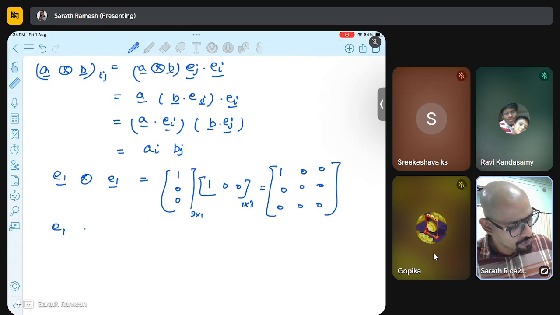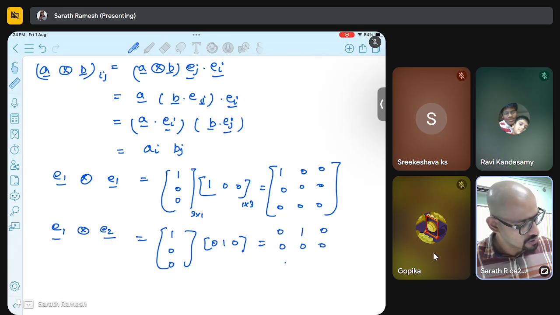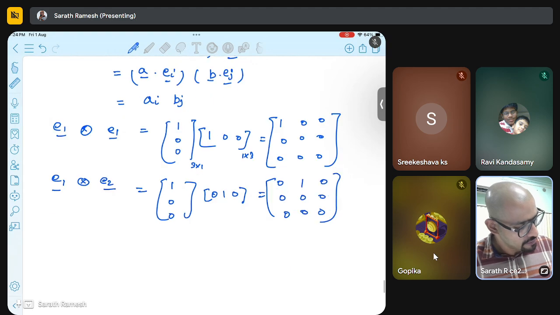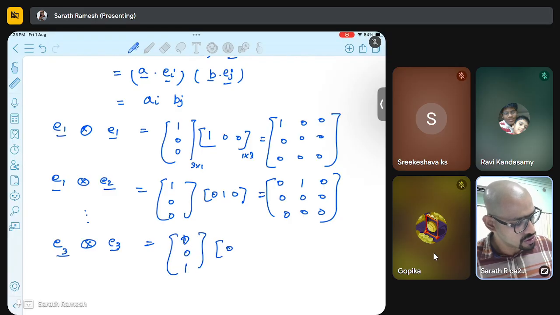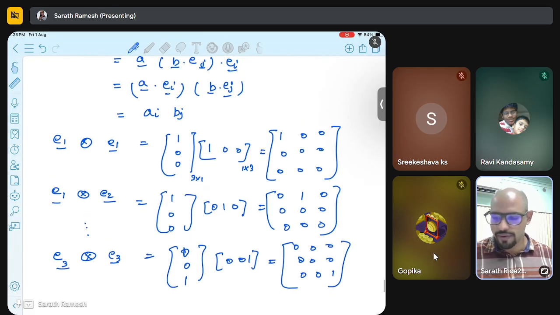Similarly, e1 tensor product e2 is 1 0 0 and 0 1 0, which gives 0 1 0 0 0 0 0 0 0. Similarly, e3 tensor product e3 is 0 0 1 times 0 0 1, giving 0 0 0 0 0 0 0 0 1. So these are all basis vectors. There are 9 components, so we get 9 basis vectors.